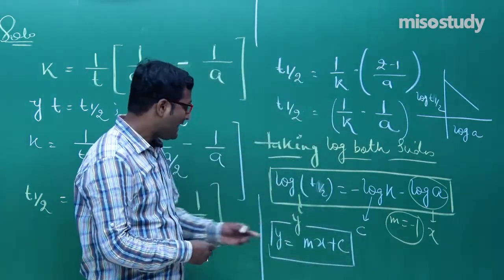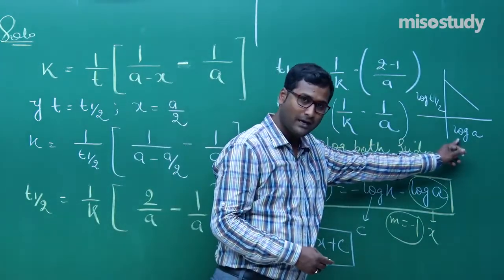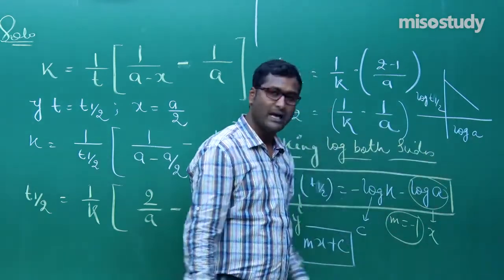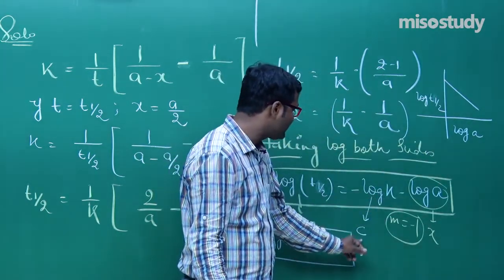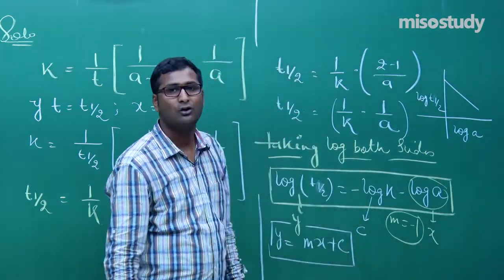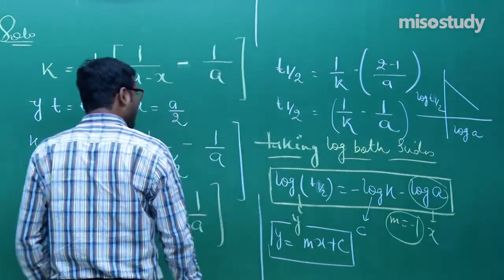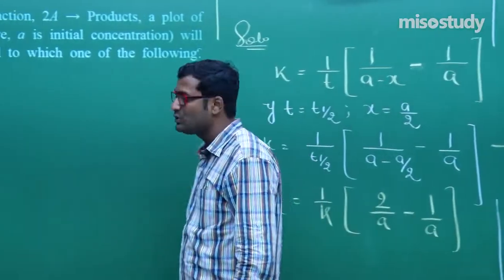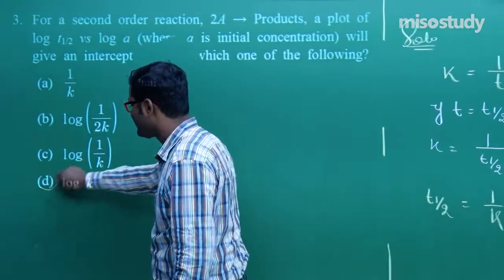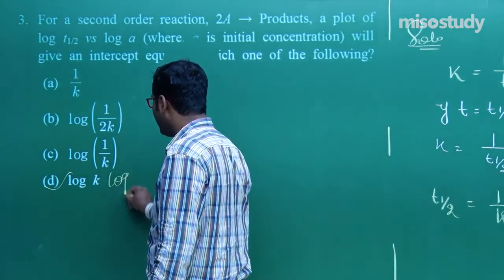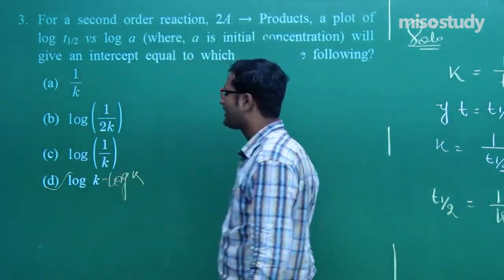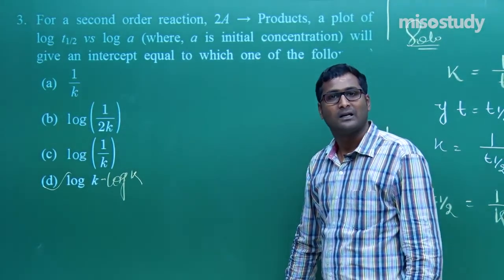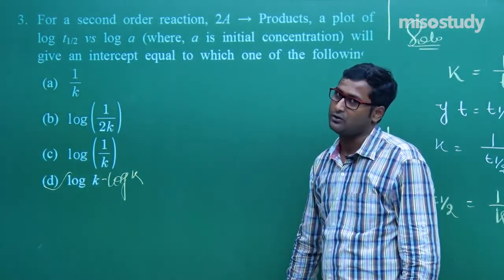Here x is equal to log a, so slope m is equal to minus 1, and intercept c is equal to minus log k. So what is the intercept? Minus log k. If I talk about the magnitude, then this is the answer, and if I talk about the exact figure, it is not log k, it is better to represent minus log k. Clear? This is the detailed solution for question number 3.